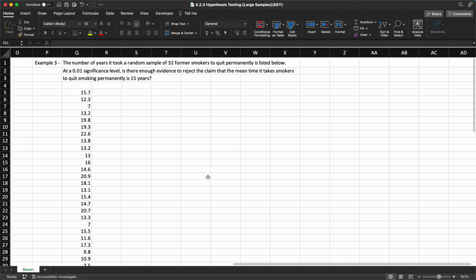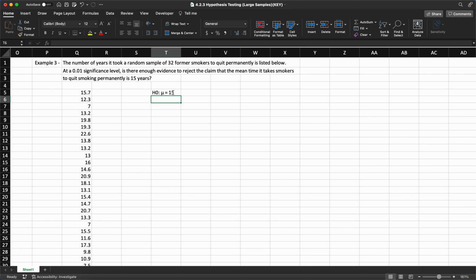So my null hypothesis, H0, is that the report says it takes 15 years. So that's the claim, okay? So we're going to say mu is equal to 15 years.